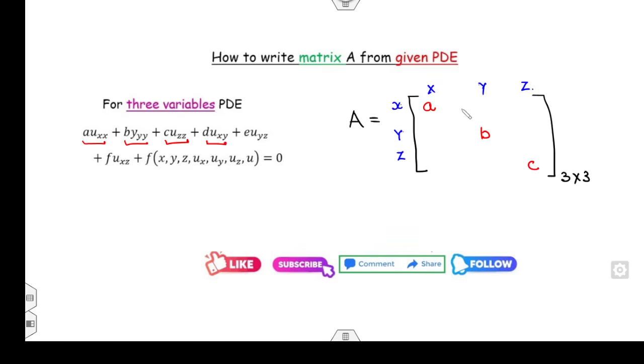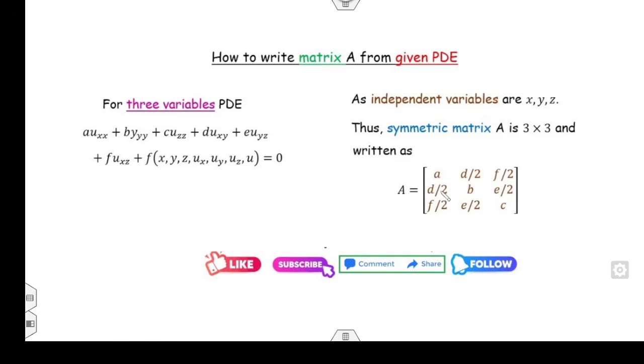What is the xy? It is half of the coefficient. So xy and yx are the same. y and z is E over 2, and z and y are E over 2. x and z is F over 2 and F over 2. Therefore, matrix A is symmetric.